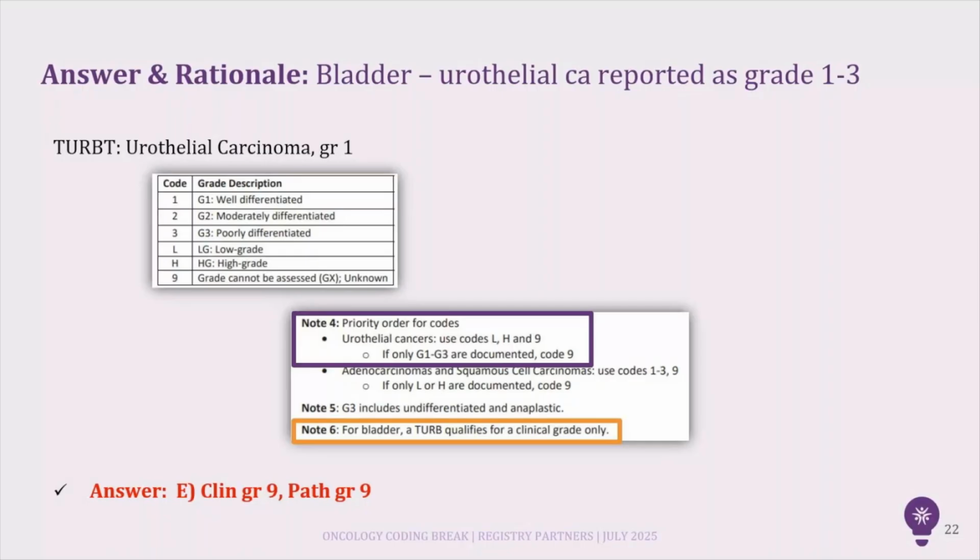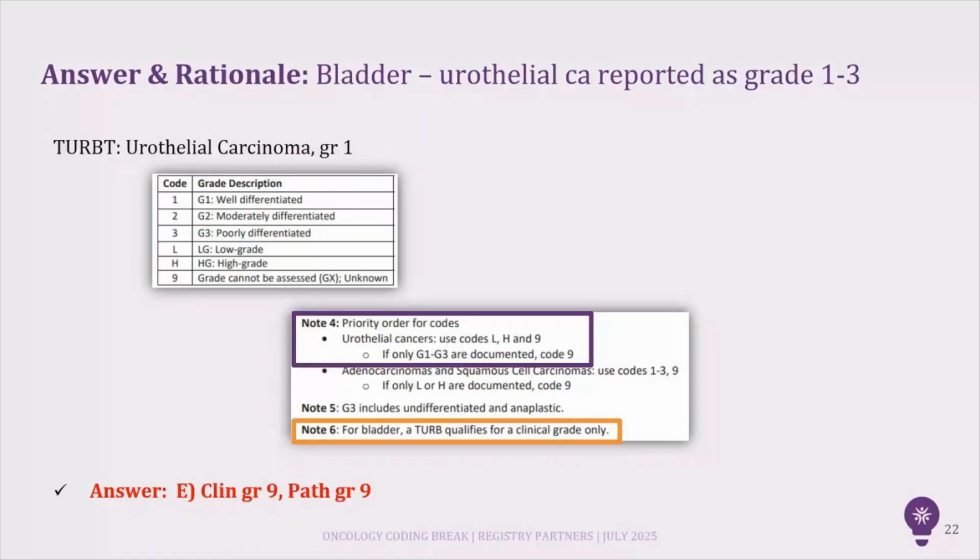Now, we have a urothelial carcinoma, and note 4 tells us that urothelial carcinomas will use L, H, and 9. So we can only use L and H for these, and we were given a 1. We cannot use that. So we're going to have to code this one a 9 per note 4. If only grade 1 through 3 are documented, code 9. So I know as registrars, we don't like to code 9, but we have specific instructions on this one to code 9.